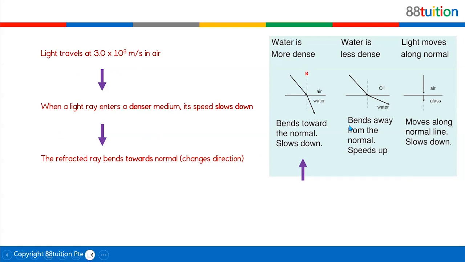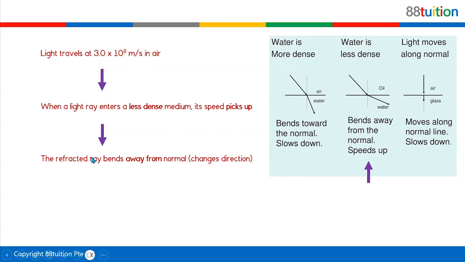Okay? Then the next thing. I repeat once more, light travels at 3.0 times 10 to the power 8 meters per second in air. If a light ray enters a less dense medium, its speed will pick up. So when its speed increases, it's traveling faster.